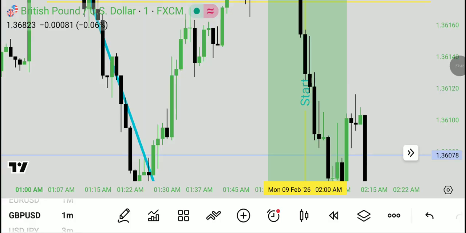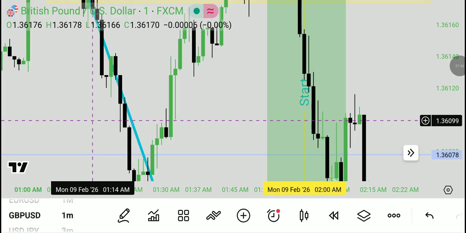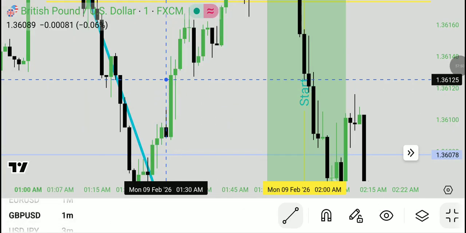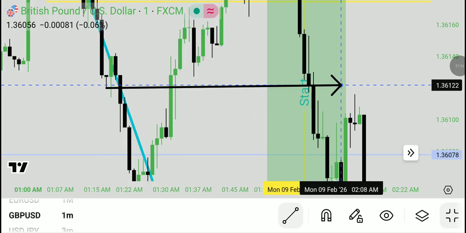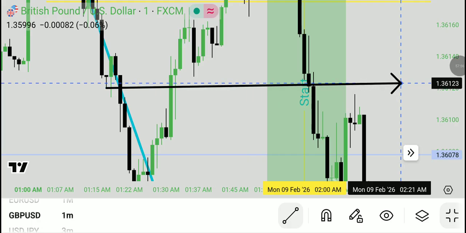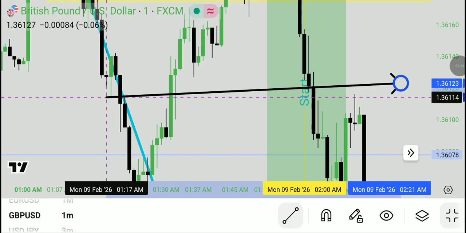You can see the only key that is here is this, and the first, the low one.